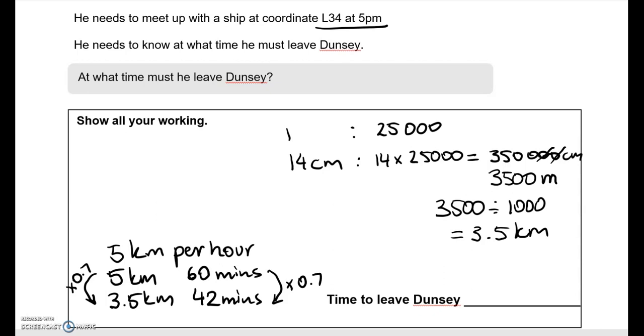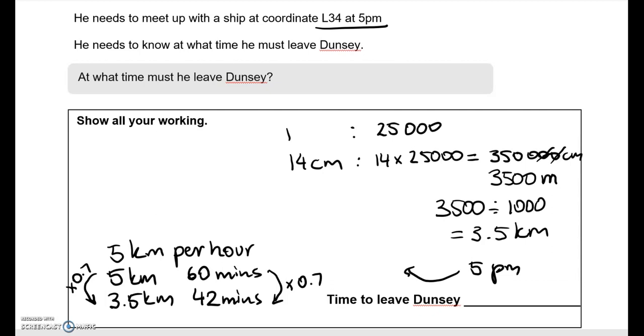So if it takes 42 minutes to get there, what time must he leave so that he arrives at 5 p.m.? So we go in at 5 p.m. We're going backwards by 42 minutes.